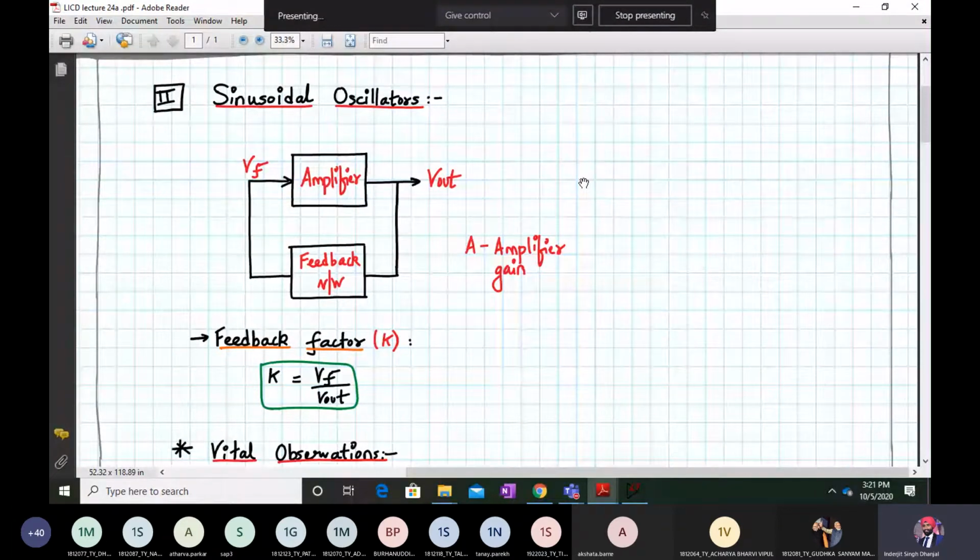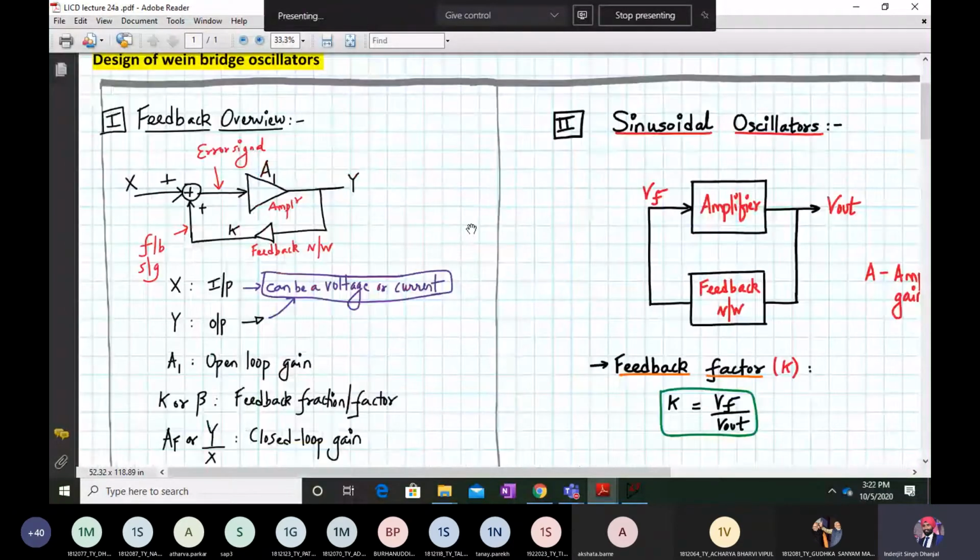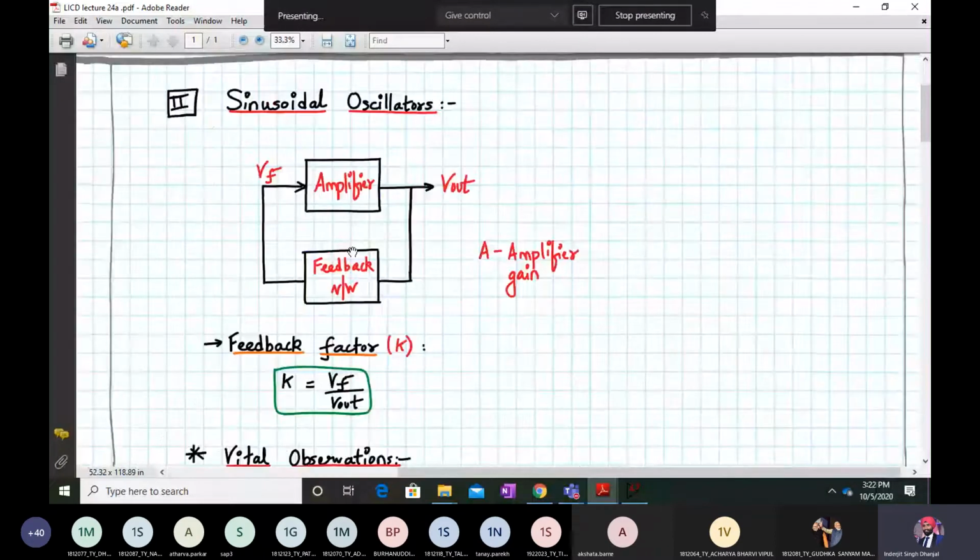And here again I have my amplifier with a gain A, feedback network with a gain of K, and I have my VF, which is my feedback signal. Now here I have written V out and VF. This was a general block where Y and X can be a voltage or a current. But in sinusoidal oscillators, we are sure that the output is in the form of a voltage and my feedback signal is also in the form of a voltage.